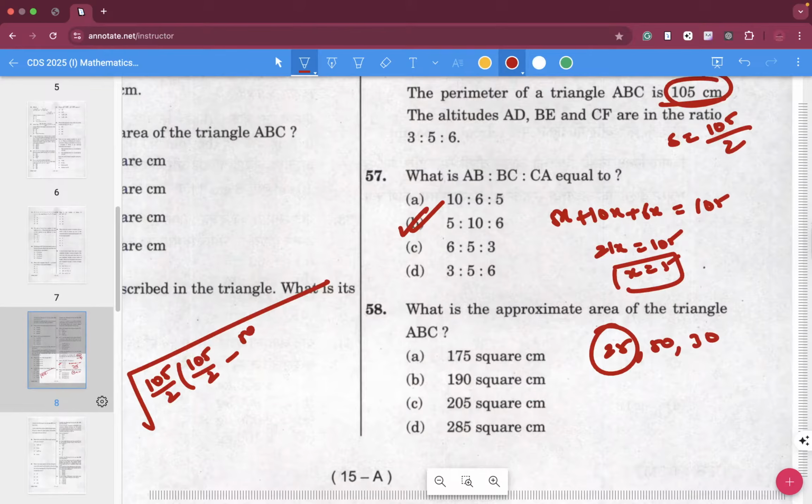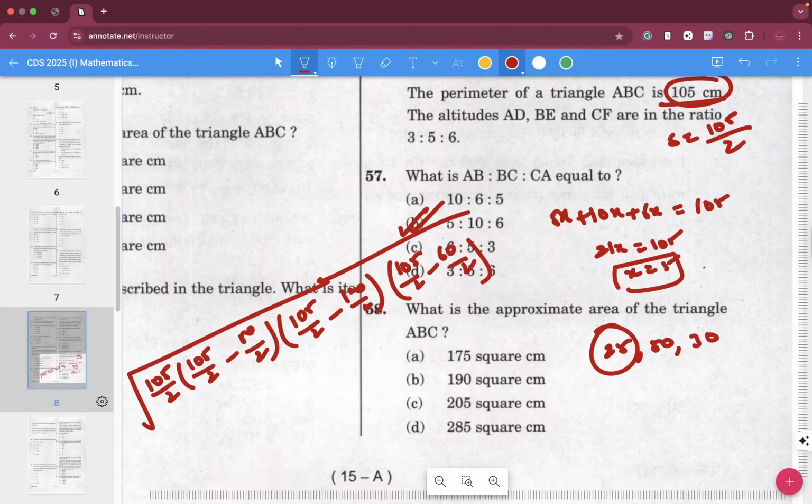Writing 25 as 50 by 2, and 50 as 100 by 2, and 30 as 60 by 2, the terms are 105 by 2 minus 50 by 2, and so on. So this is root under 105 into 55 into 5 into 45 by 2 into 2 into 2 into 2. Is that what we have?